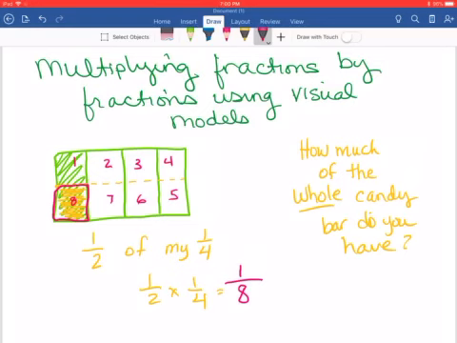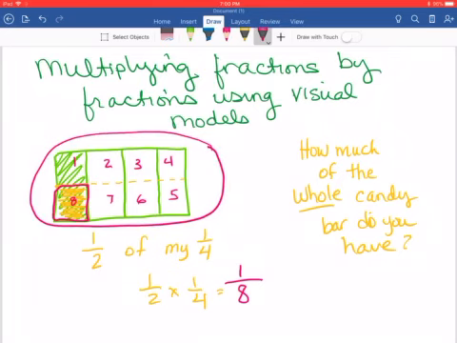This is why it is so important for you to use the model representation. It shows you that by multiplying a fraction times a fraction, we are actually getting a much smaller piece than we started with. Okay, and we're going to start talking about how this relates even to money. What's half of $1?